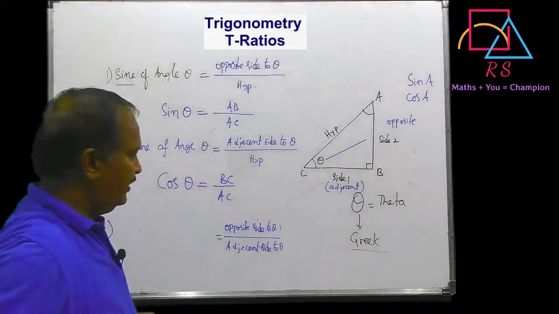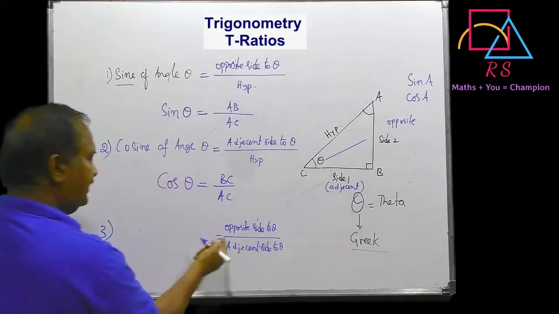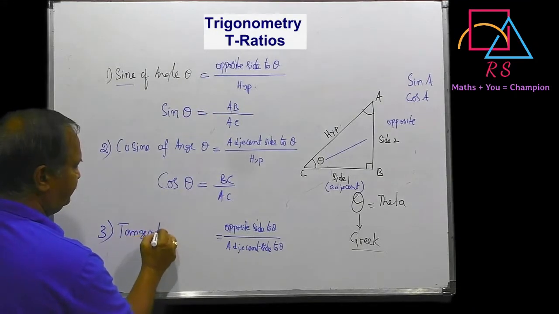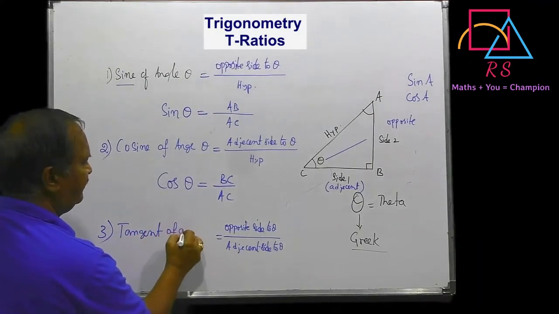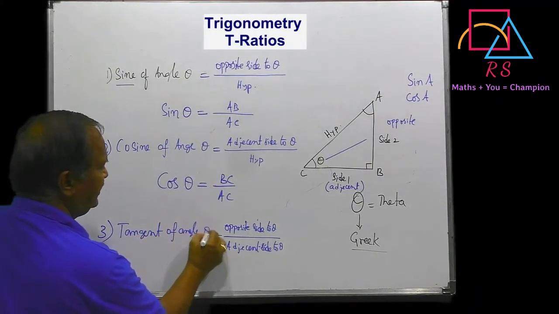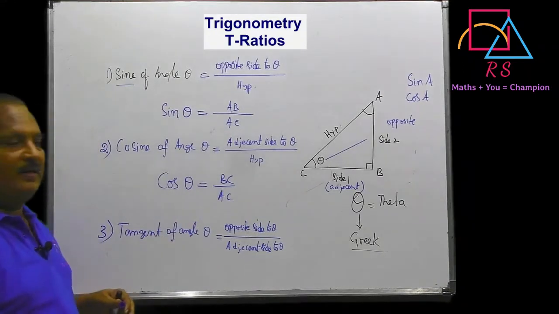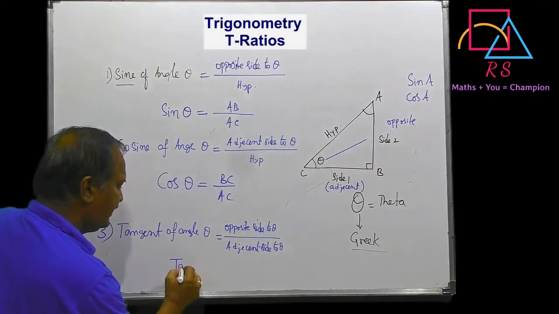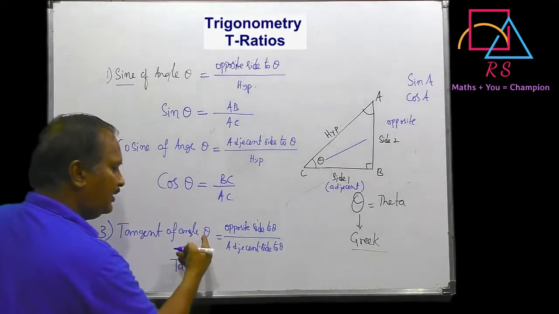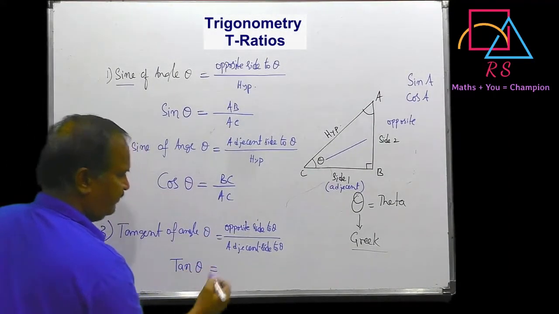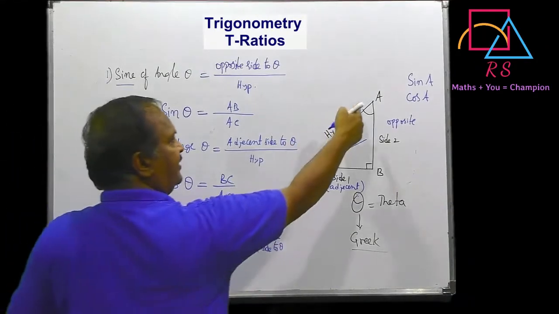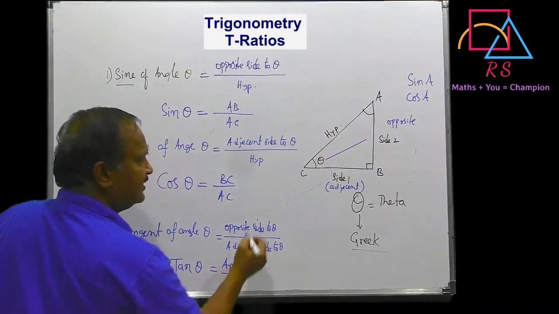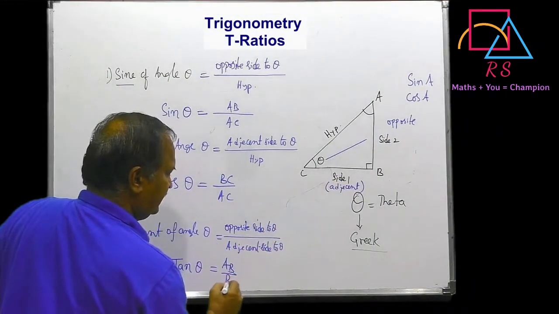So, this is called tangent of angle theta. In short, tangent can be written as tan, and tan theta. Already the opposite side is there: opposite side is nothing but AB and adjacent side is nothing but BC.